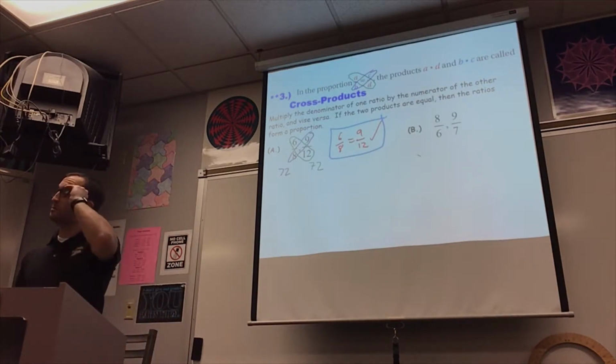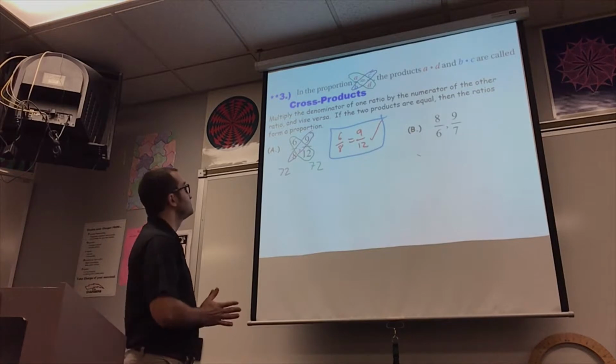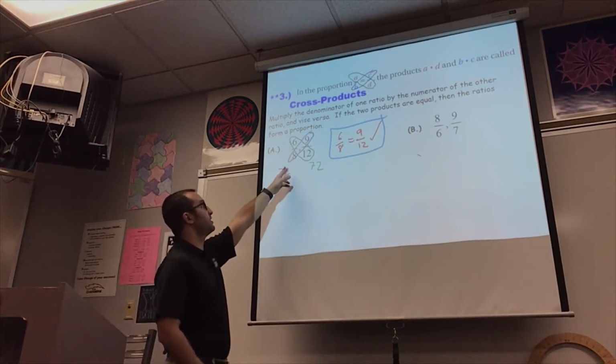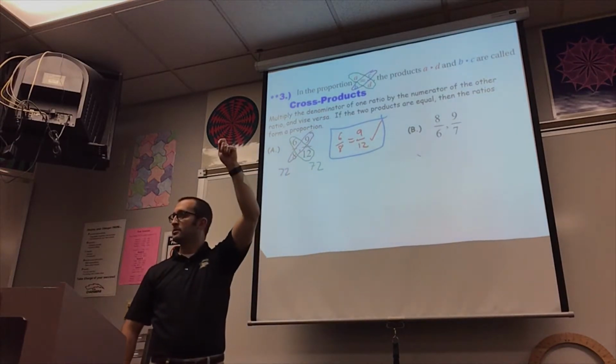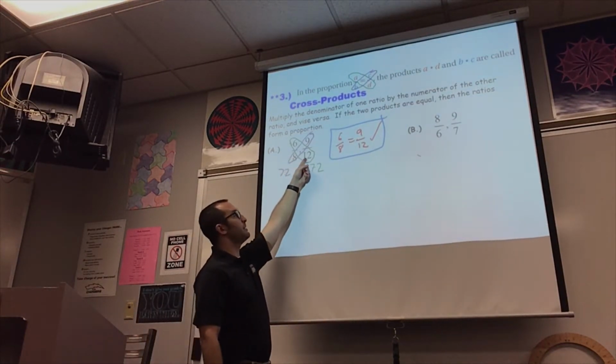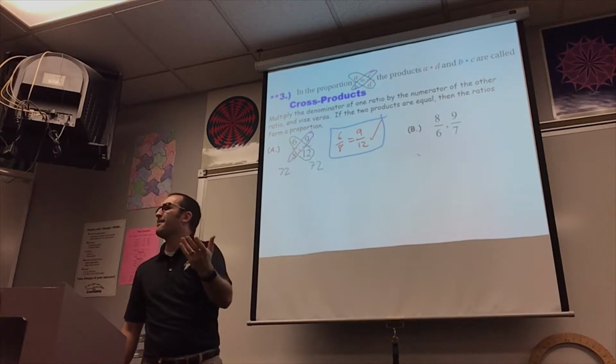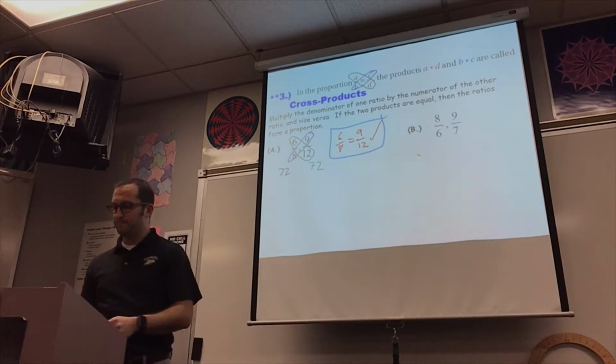So it's kind of nice. Sometimes cross products are nice. They make it so we don't have to reduce both fractions. Do you see how this one would not be a good one for scaling? Because 8 times what gives us 12? 1.5. That's not nice. Okay.